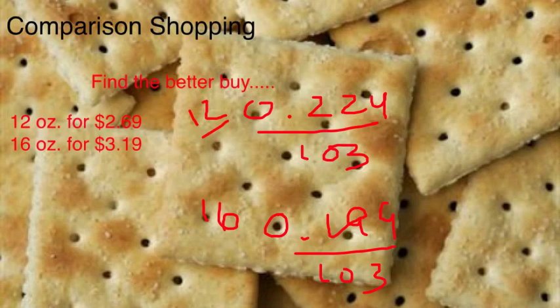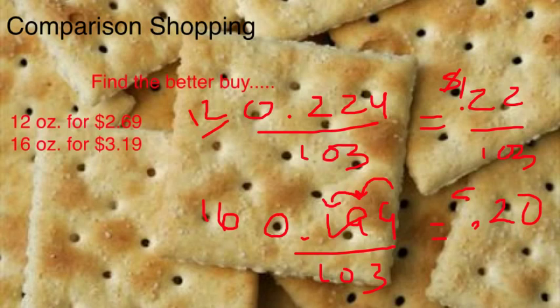So when I look at the first one, that looks pretty easy. The 4 just says keep the 2 the same, so this one becomes 22 cents per ounce. But the second one is a little bit different with our rounding. The 9 tells this 9 to become a 10, so this 10 tells this 1 to become a 2. So now I have 20 cents per ounce for the 16-ounce size.